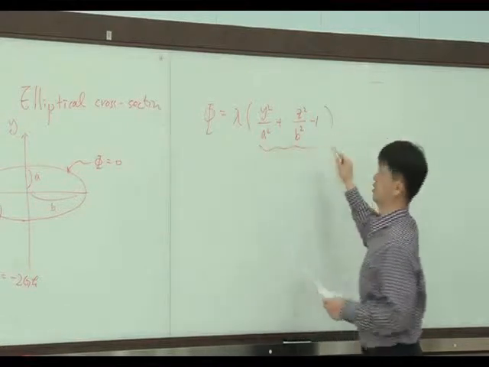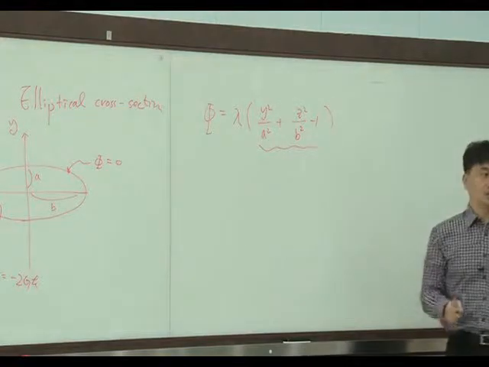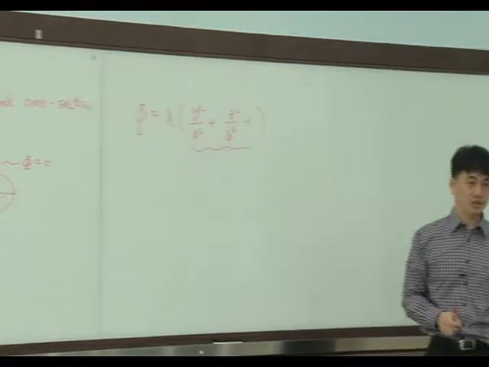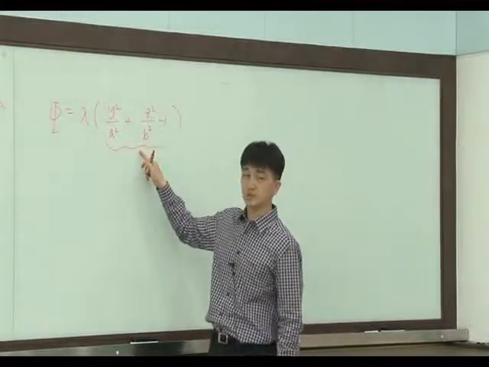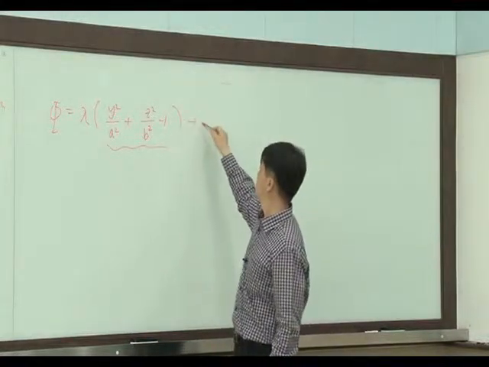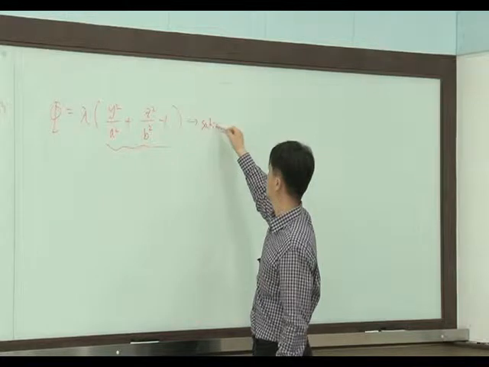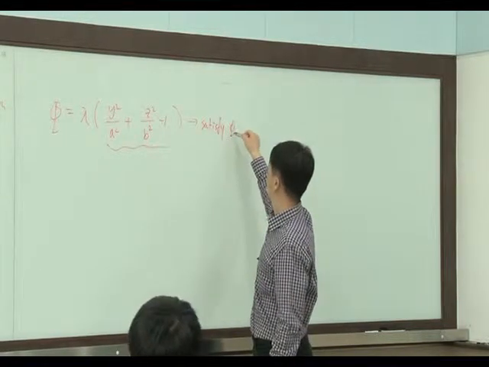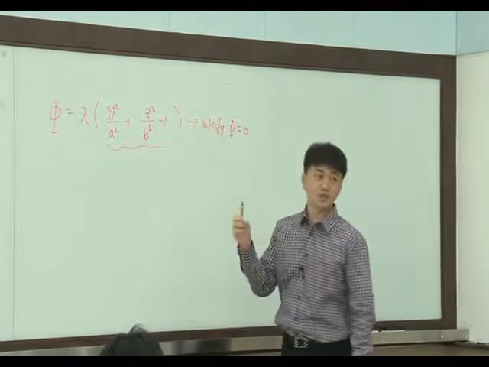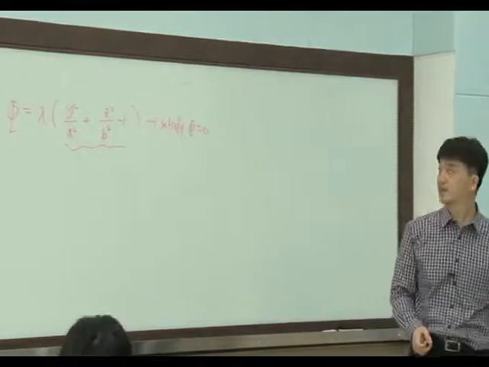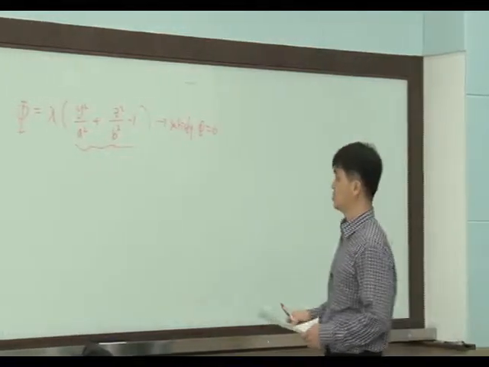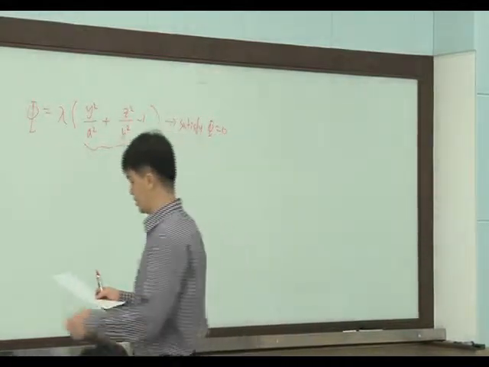What's this? This is the equation for an ellipse, right? If you use this function, phi equals 0 on the boundary, so we don't need to consider the boundary condition, because this function already satisfies it.